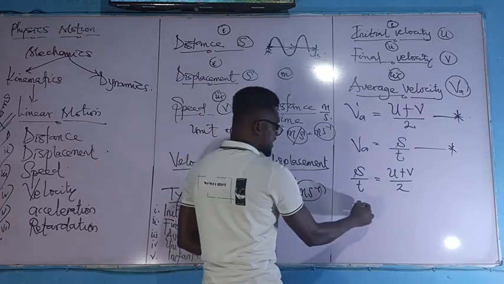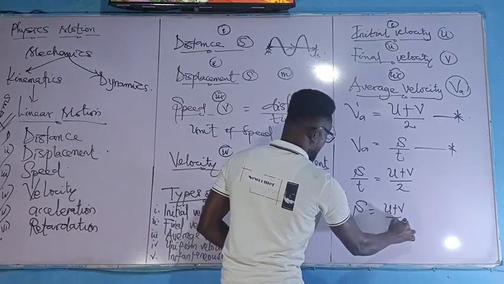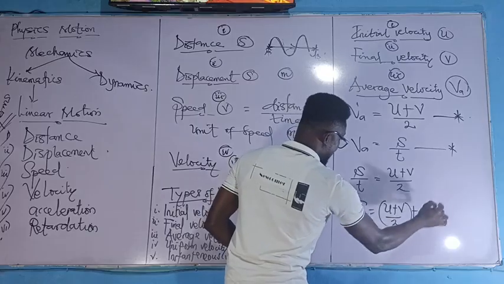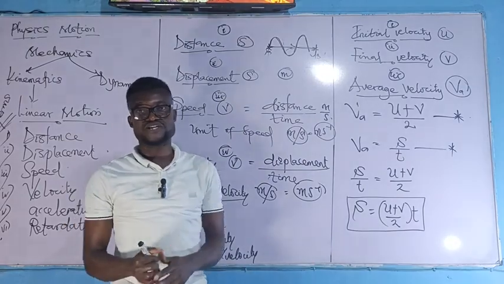If you make the total distance the subject of the formula, you have u plus v over 2 times t. This is one of the equations of motion which we are going to encounter.